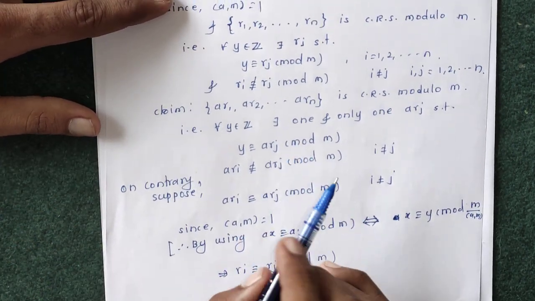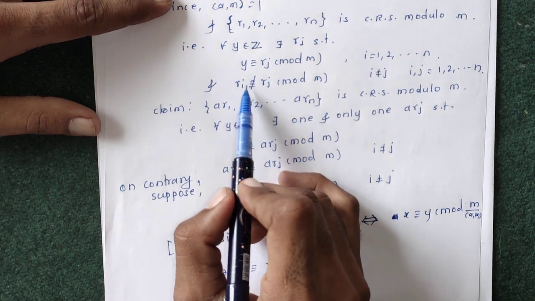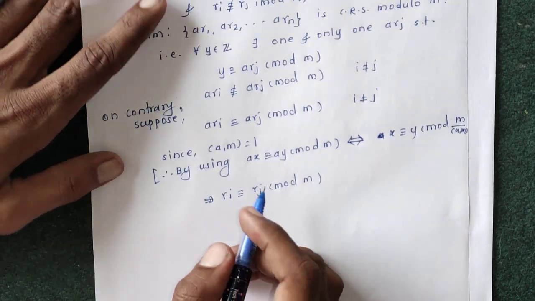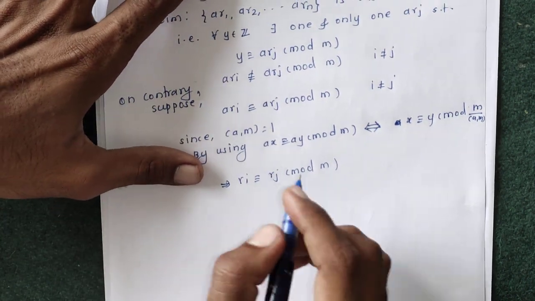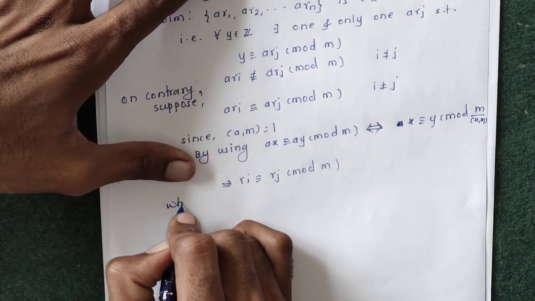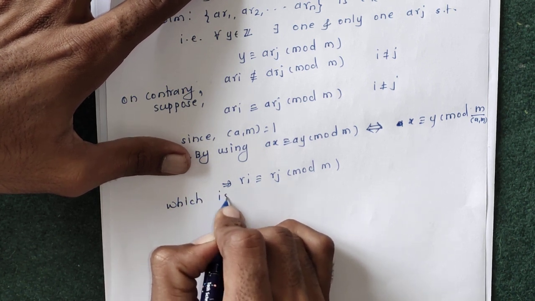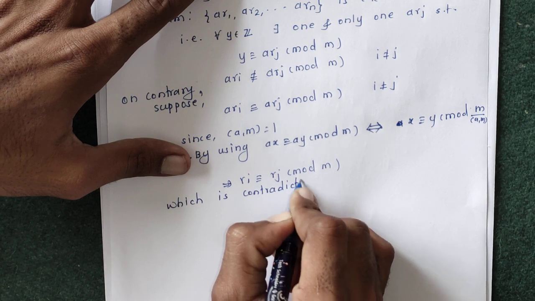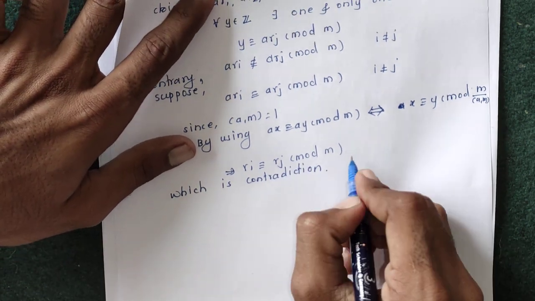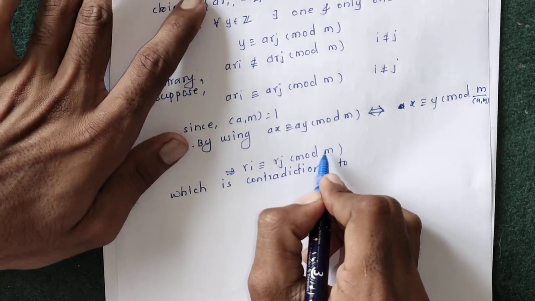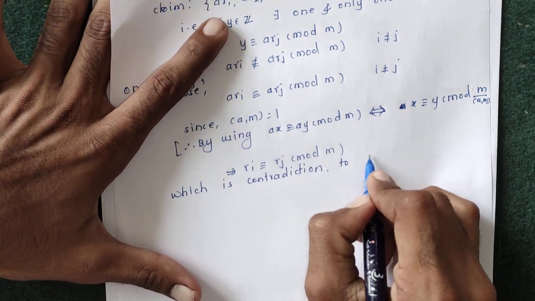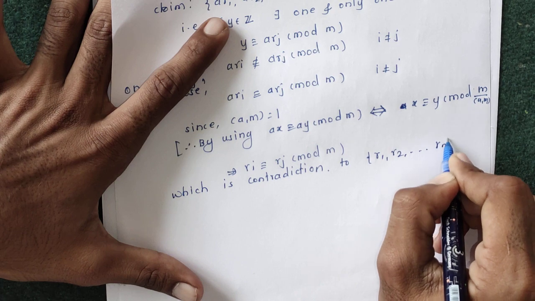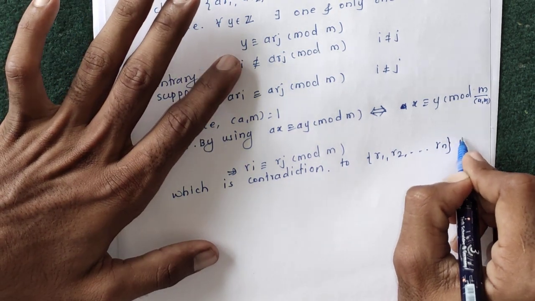But this is a contradiction, since Ri is not congruent to Rj modulo m by the definition of C.R.S. This gives a contradiction to R1, R2 up to Rn forming a C.R.S.